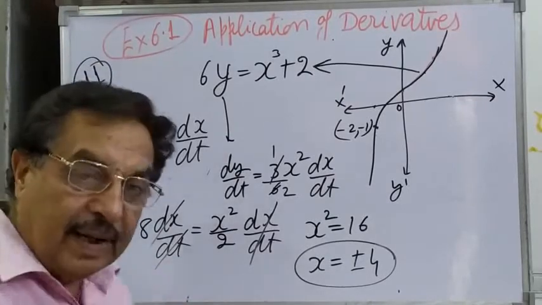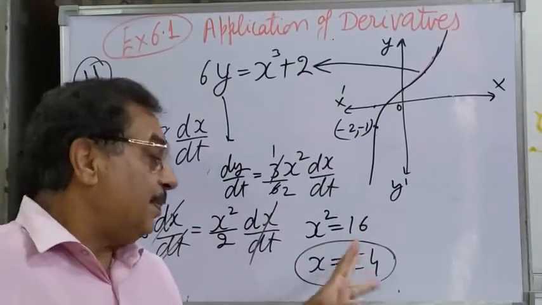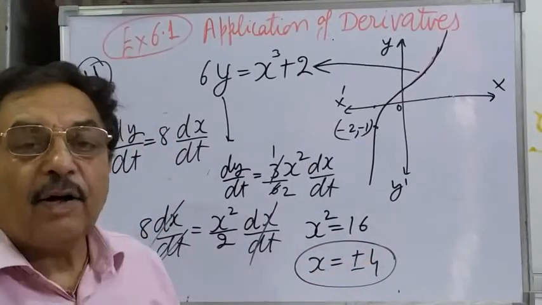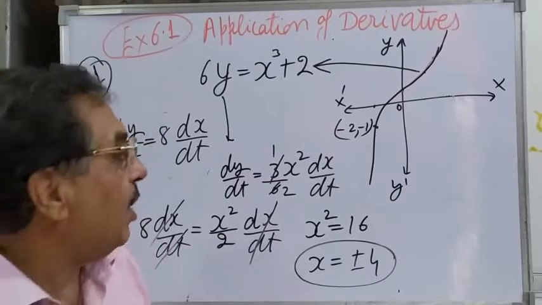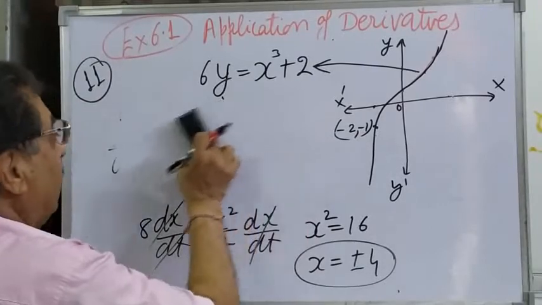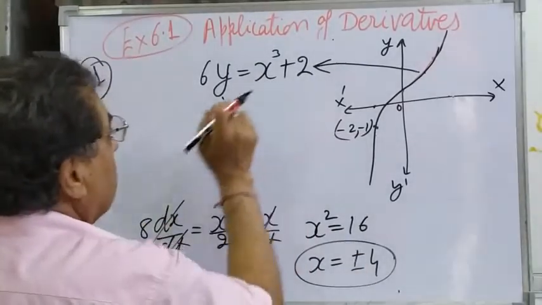But we have to find the exact 2 points. We have got the abscissa of those points, plus 4 and minus 4. Now we have to find the ordinates to complete our points. To get the ordinate, I put the value of x equal to 4 right here.